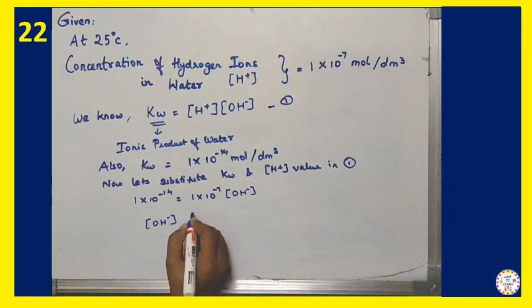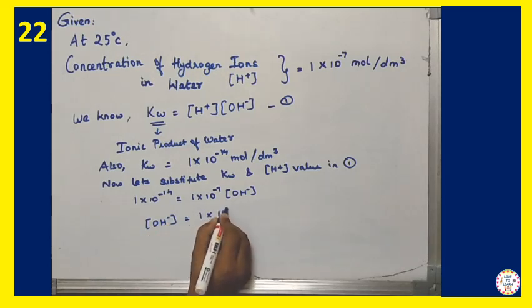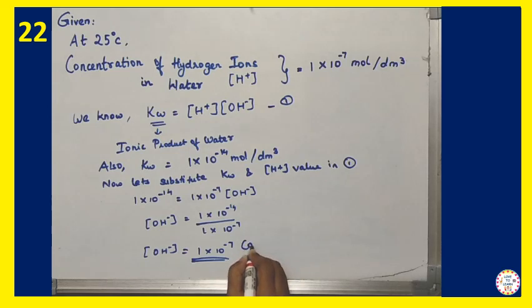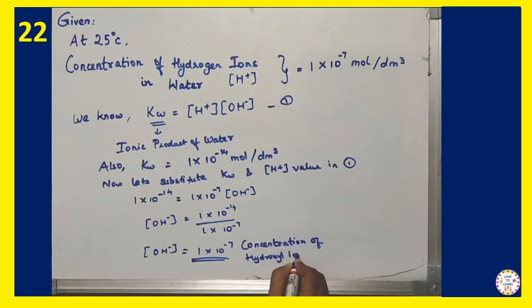So OH minus is given by 1 into 10 power minus 14 divided by 1 into 10 power minus 7. So this is equal to 1 into 10 power minus 7. So this is the value of hydroxyl ions in water. So this gives the concentration of hydroxyl ions.